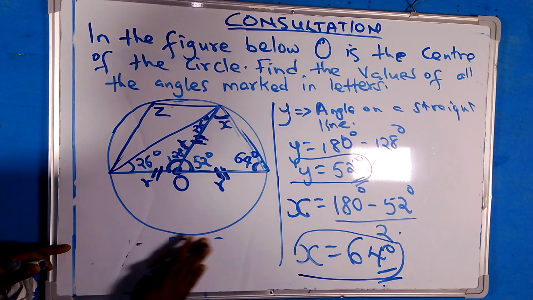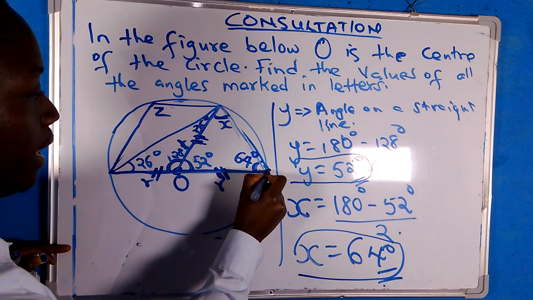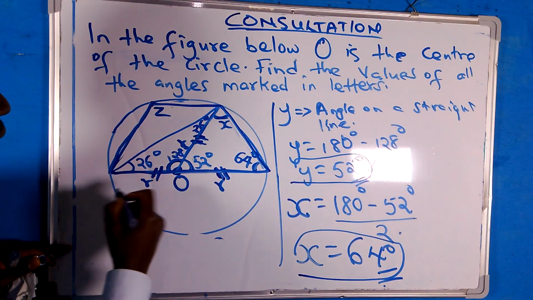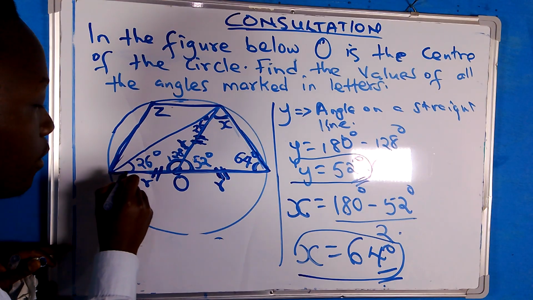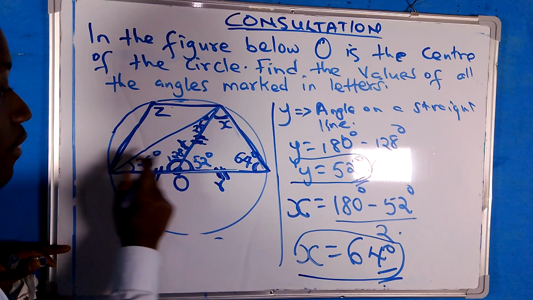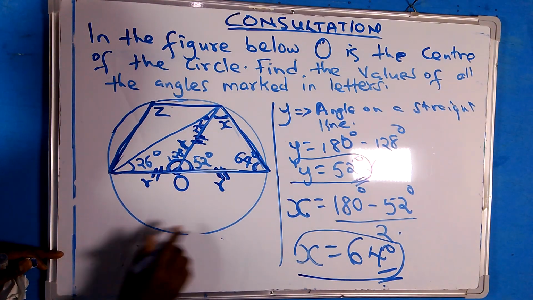If you check clearly, you will see that this is a quadrilateral. We usually say that a quadrilateral whose vertices are touching the circumference of the circle, we call it a cyclic quadrilateral.